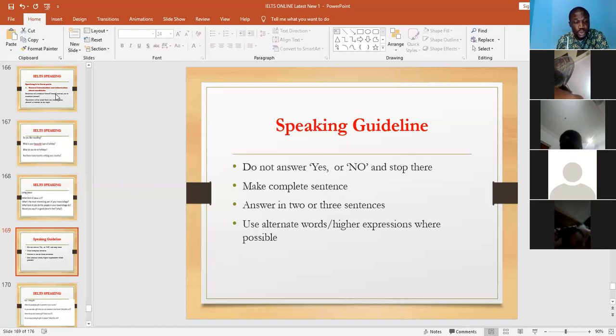Some people just use the direct word the examiner gives them. It's not going to fetch you much of a mark if you do that. And I said these are sample questions. I'm going to pick some people, especially those whose exam is near, to practice so that we will have a sample and I will give my comment.